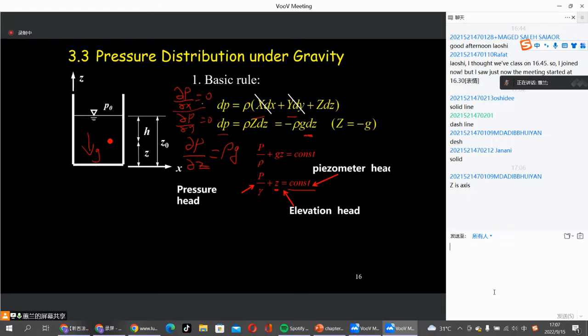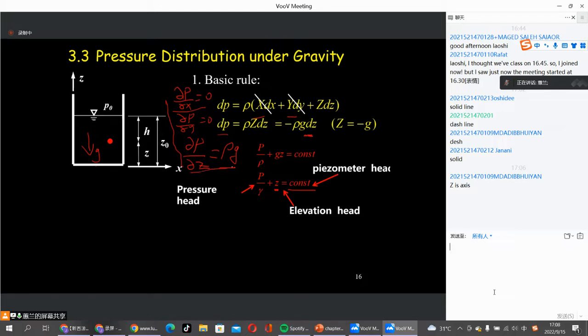That means the pressure will not change in the x direction or the y direction. All pressure will be equal in the horizontal plane, in a plane parallel to horizontal. So pressure only changes in the z direction because we have body force in the z direction. This is the Euler equilibrium equation, right?